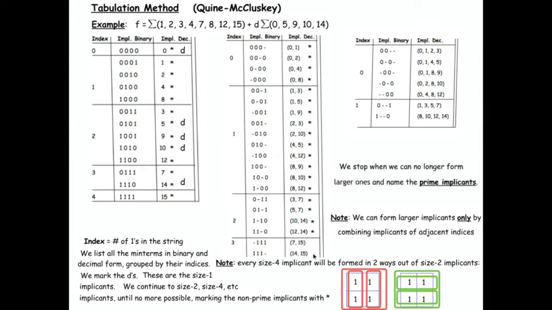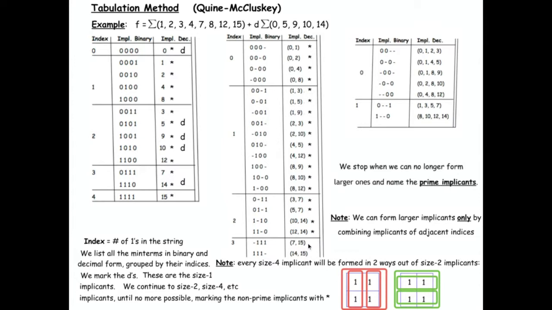What does it mean that we couldn't discard them, that they're not next to anything else? Does that mean they're prime? Yeah, it means that they're prime, and also essential. Yeah, both.